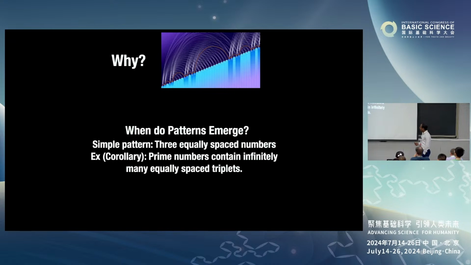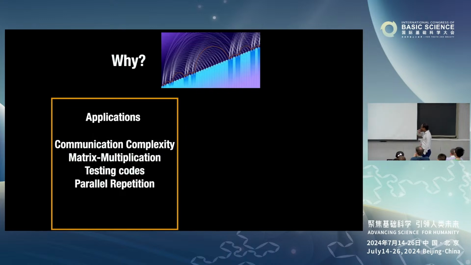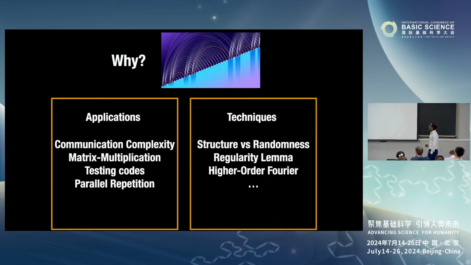And coming from a theoretical computer science perspective, you know, questions like this have tons of applications. They have a direct application to problems in communication complexity. I mentioned briefly, it has connections to matrix multiplication, property testing, and the parallel repetition theorem, which is what we were working on when we came to this problem in the first place. And the techniques, you know, people have looked at this framework, which I'll talk about.